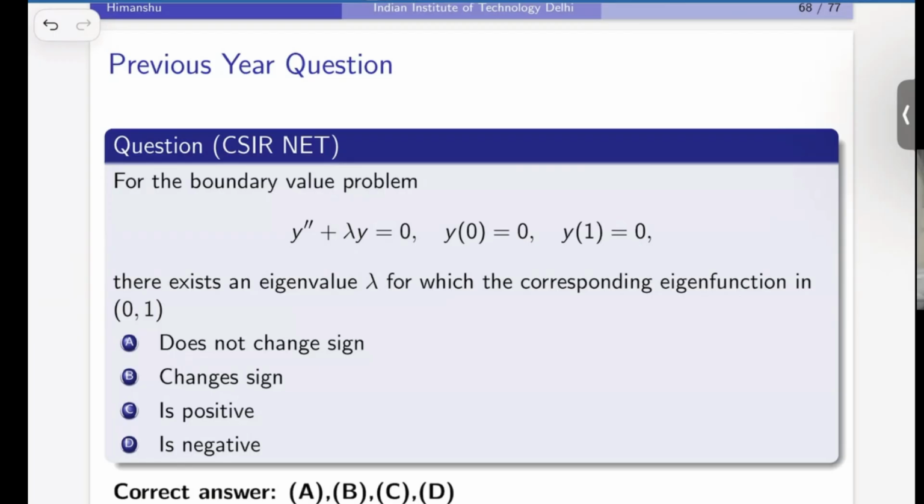So we know that for the least eigenvalue, the corresponding eigenfunction does not change sign, right? So option A is always true. For other than the least eigenvalue, we have zeros, so it will change sign, right? So option B is true.